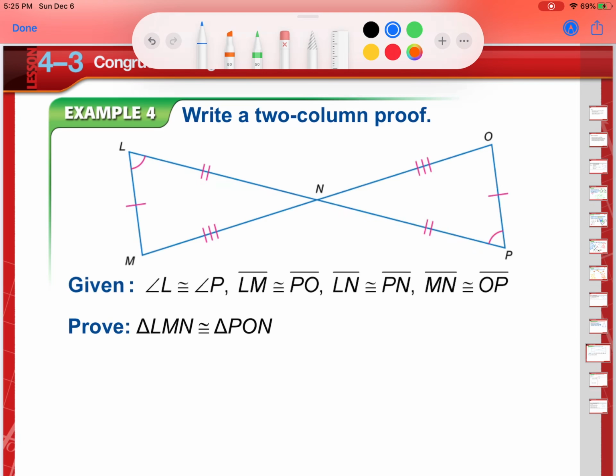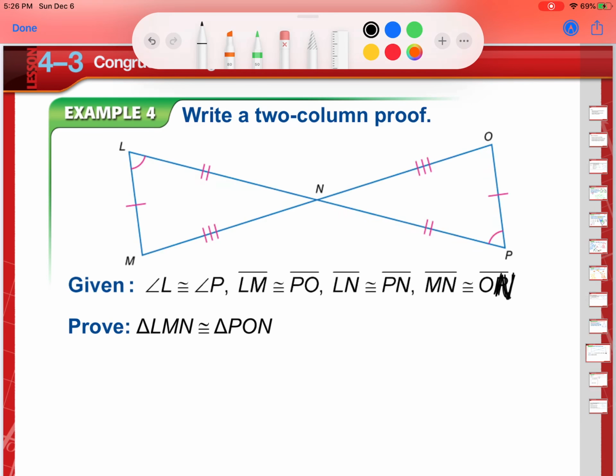Okay, sorry. We got to take a moment because I'm having a hard time wrapping my brain around this. LM is the same as PO. That checks out, 1 hash mark on those. LN and PN checks out, 2 hash marks on those. MN and OP, that is false. That is not correct. So let's fix that.